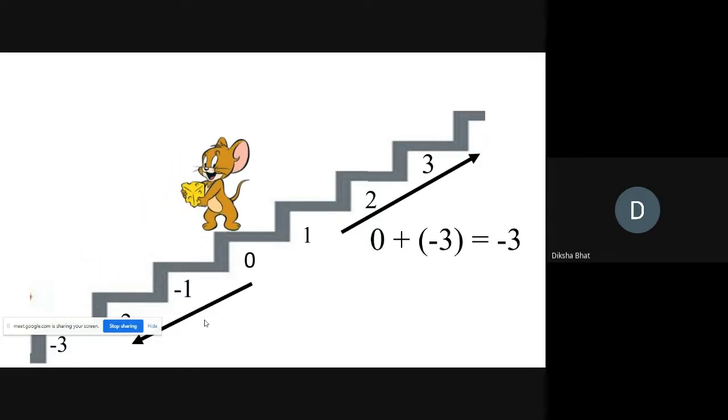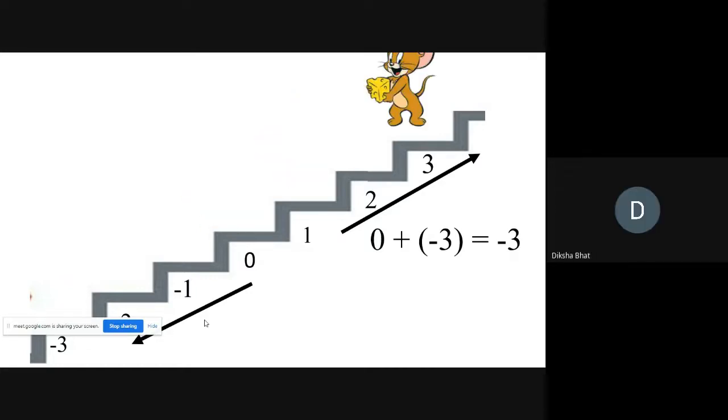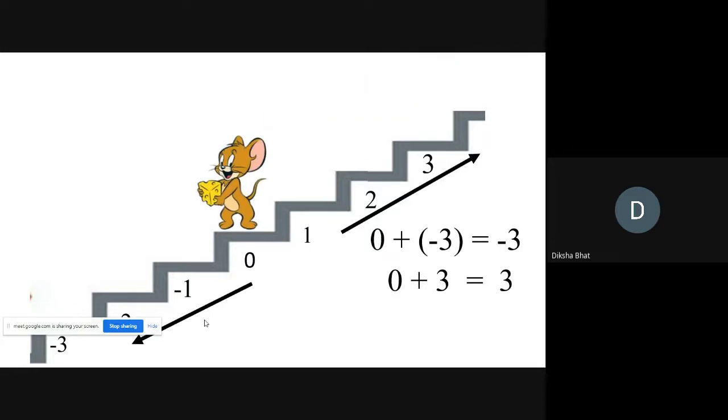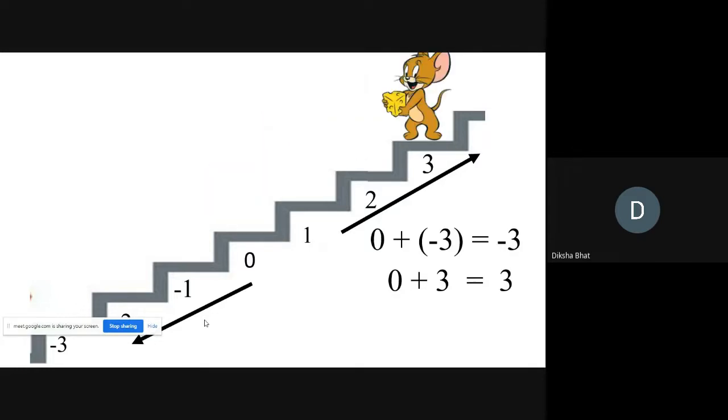Suppose he takes 3 steps up from 0. Where will he reach? +3. Yes. So that is 0 plus 3 is equal to 3. Suppose he takes 3 steps down from 0.